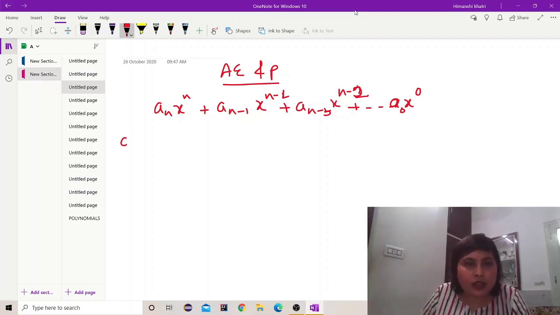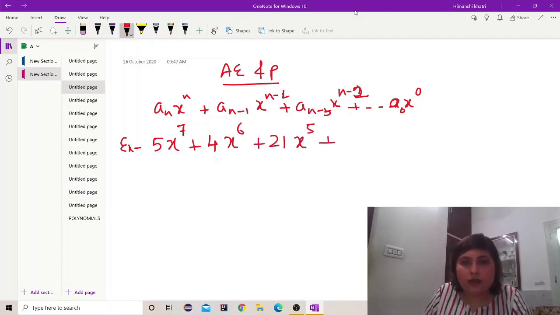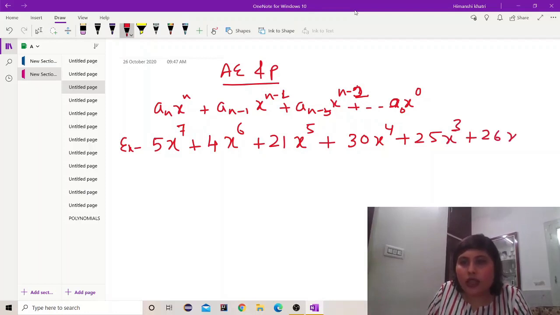Now writing in a mathematical expression form, similarly 5x to the power 7 plus 4x to the power 6 plus 21x to the power 5 plus 30x to the power 4 plus 25x to the power 3 plus 26x to the power 2 plus x to the power 1 and plus 5x to the power 0.